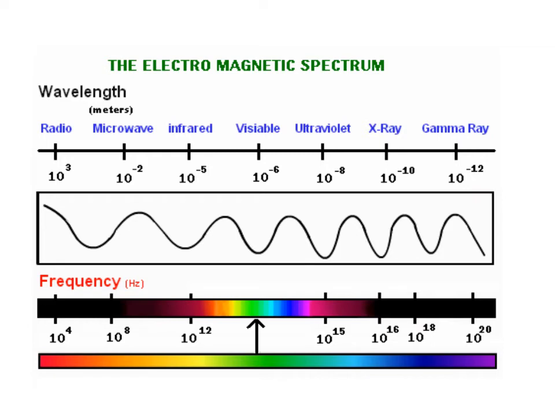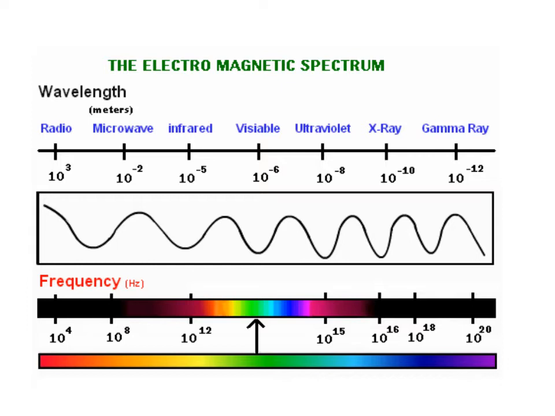This is the electromagnetic spectrum chart. In this chart, you can see all the 7 waves according to their wavelength and the frequency. Gamma rays, X-ray, ultraviolet, visible ray, infrared, microwave and radio wave.